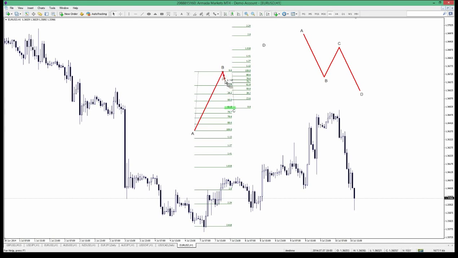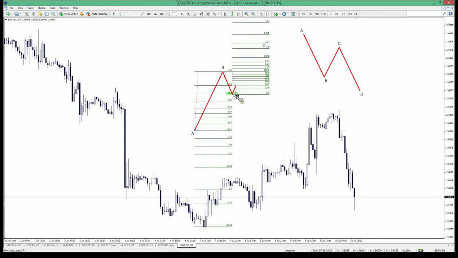For example, if we have price move down to a 38%, so this case hits 38%, and it then starts to retrace, I can label that point C. Then same thing, I take my fib tool and I draw from B to C. I know the reciprocal ratios for the ABCD completing at a 38% are going to complete between a 224 and a 2618 area.